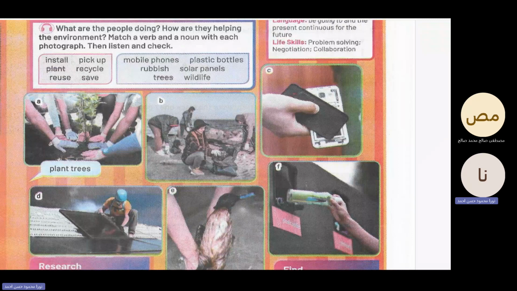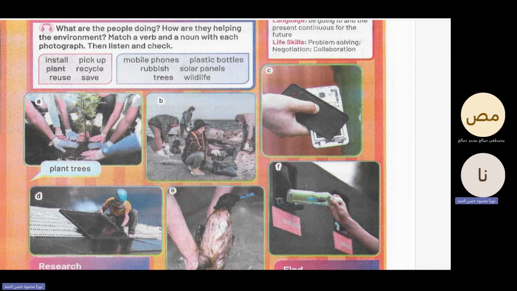I want you to match the 6 verbs with the 6 nouns to form one activity that might help your environment. For example, in the first box here, we have the verb plant. I can match the verb plant with the noun trees. So I say plant trees. So here the people are planting trees, and that's how they are helping the environment.